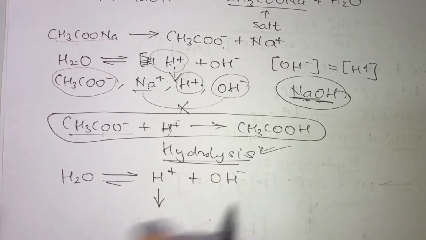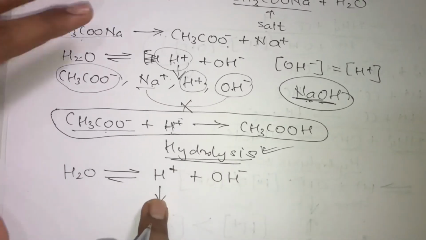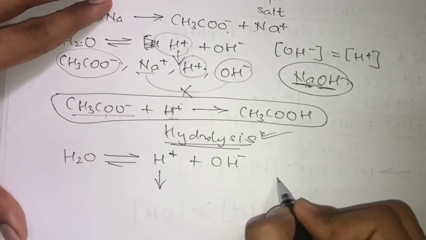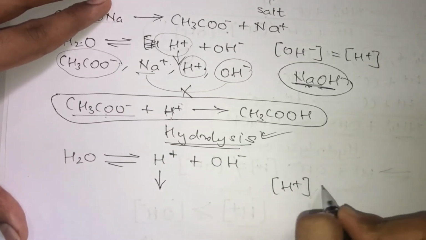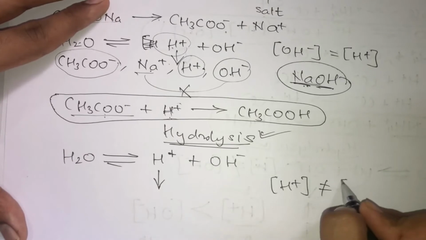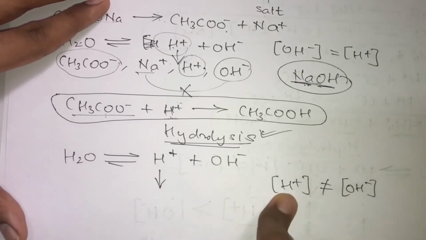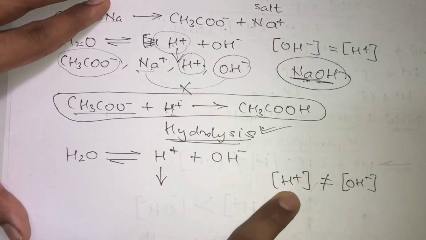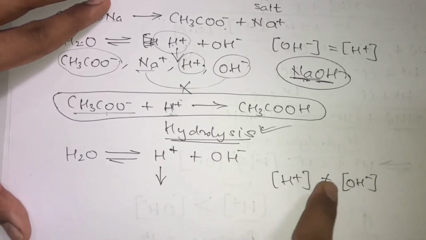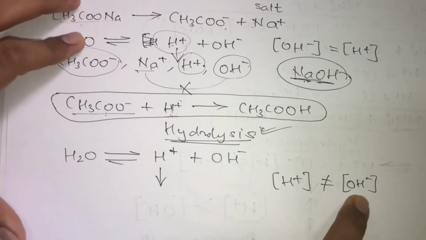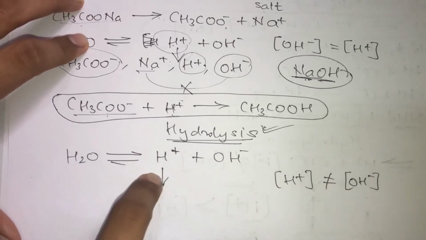Why is it decreased? Because it is consumed by CH3COO minus. So no longer will the molar concentration of H plus ions be equal to the molar concentration of OH minus ions. Why? Because H plus ions have now decreased.